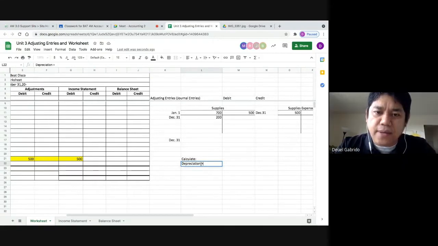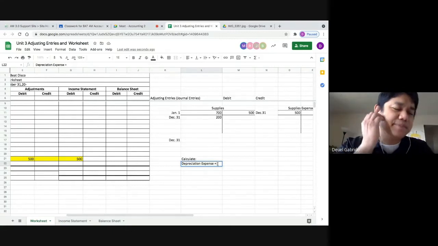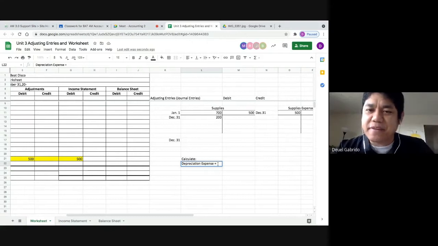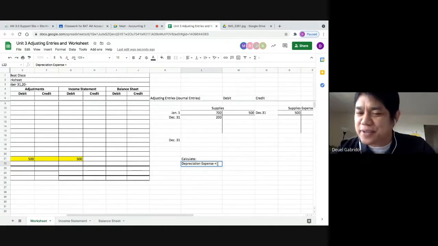Depreciation equals, what shall we do? 0.2 times 45,000. Okay, so what about the others? The 20% of the 45,000 is the depreciation for this year. Any other answer?